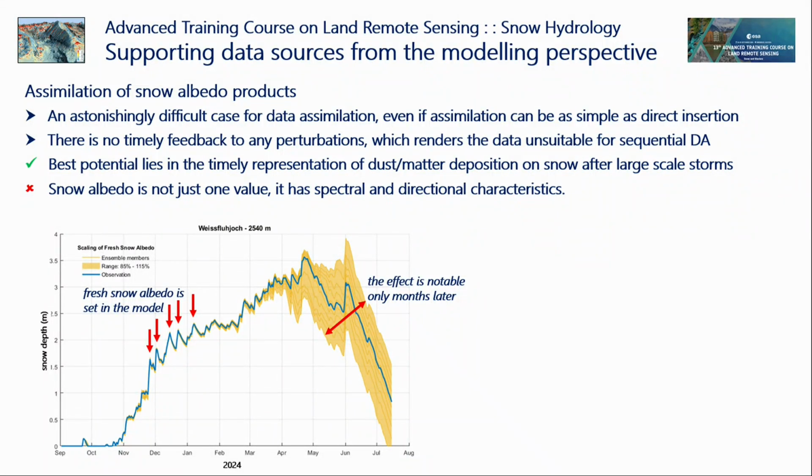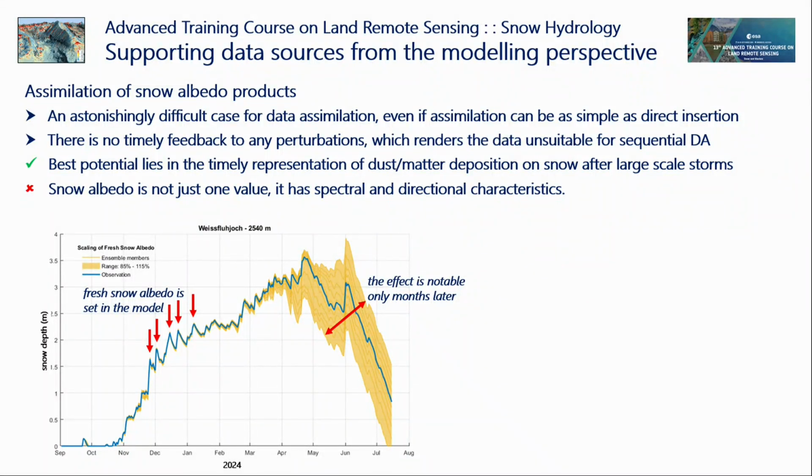Then you feed it with a spread, a range of new snow albedo parameterization perturbed from 85% of the a priori guess to 115%, so a large spread, and you don't see anything. It just doesn't react. You put in a different value and the snow model just continues to do what it did before this perturbation. And then magically, 3 months later, boom, the model diverges. The value you put in all of a sudden has a large impact just 3 months later.